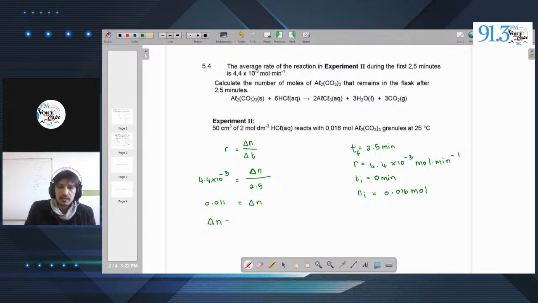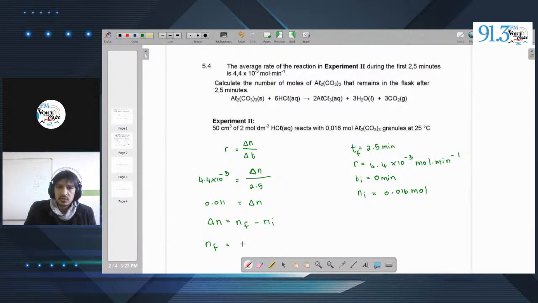Change in n is equal to nf minus ni. We want to find out what nf is. So nf is equal to change in n, right? Which is correct. And then we're supposed to subtract the 0.011 from the ni, right?